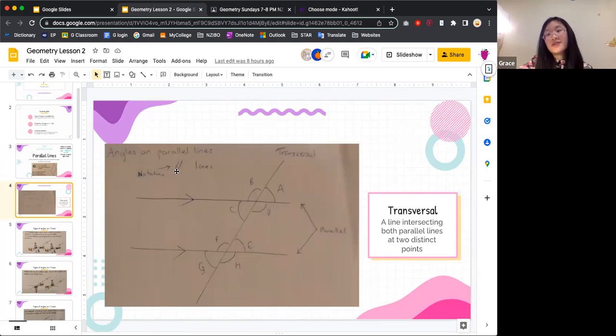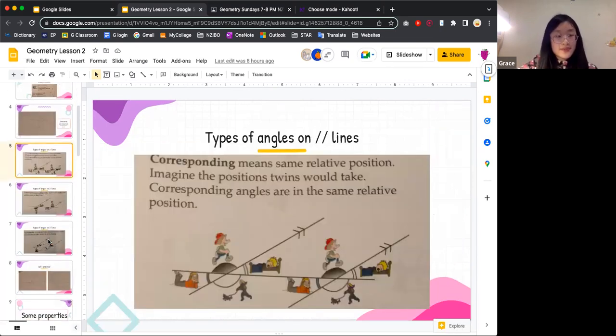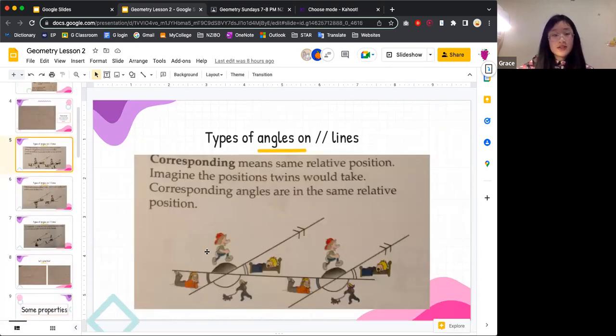When you use notation in your reasoning for your geometric proofs, you can use those two slanted lines to represent parallel lines. So you can have these different kinds of angles when you have parallel lines and they're crossed by a transversal. We can have corresponding. If you look in this picture, there are two running dudes, and they're on corresponding angles because you can see that they're on the same position.